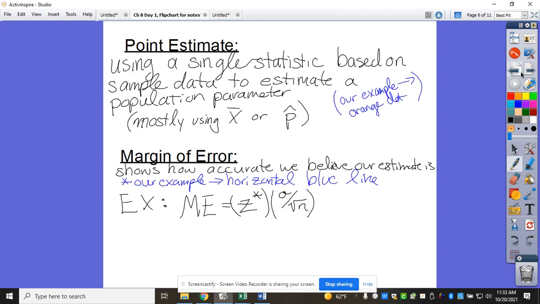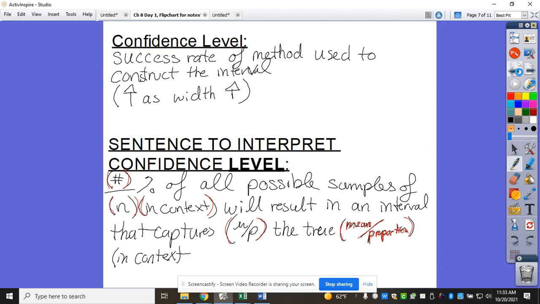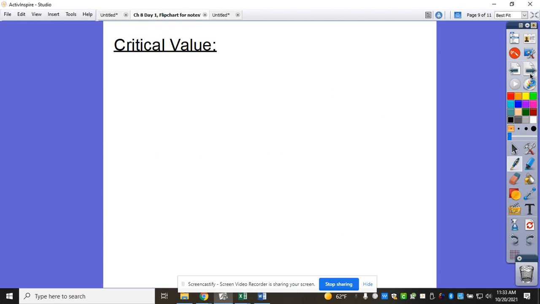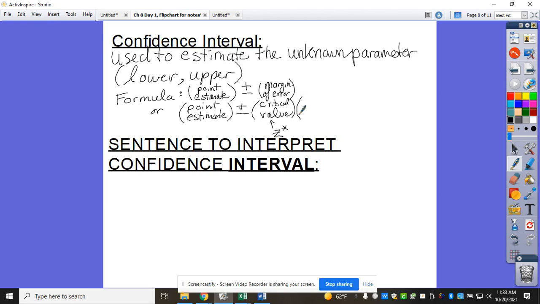What, in general, is this equation for? My standard deviation of x bar. We're going to just write that generically as standard deviation of statistic, which sounds weird, because it's sigma of x bar or sigma of p hat. I don't need you to be perfect with me writing these out, but you shouldn't be lost on where I'm getting them from.